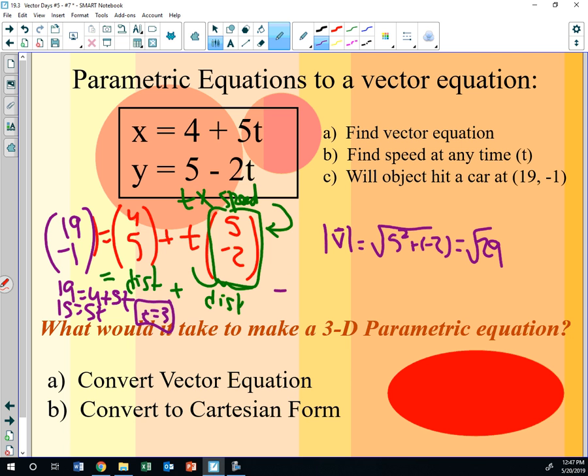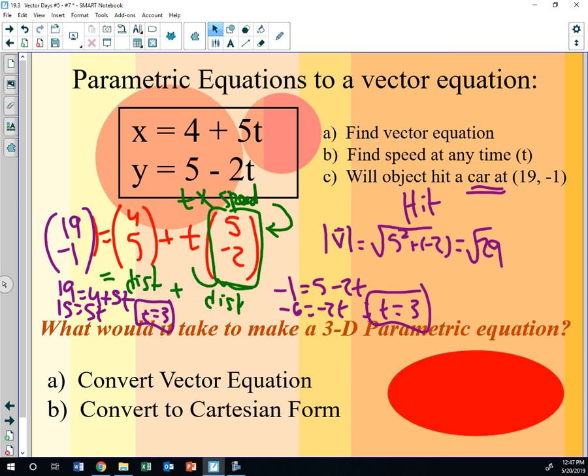Now we're going to go negative 1 equal 5 minus 2t, and we're going to subtract 5, give me negative 6. What's t going to be this time? Negative 6 over negative 2 is 3. So if the y's hit in 3 seconds and the x's hit in 3 seconds, what can we say? Will the car hit this? Yes, it'll hit. Sad, but it's true.